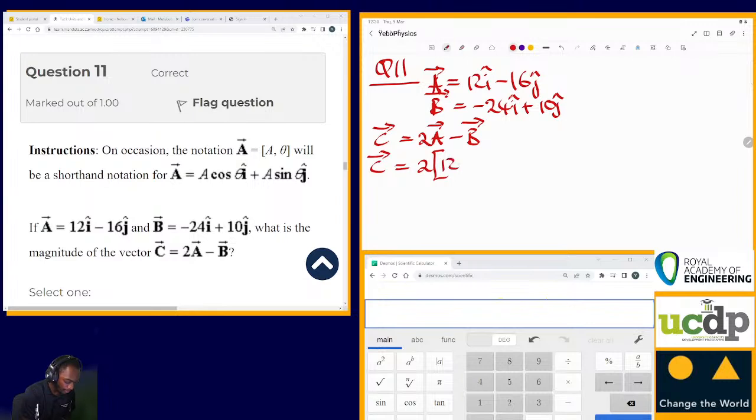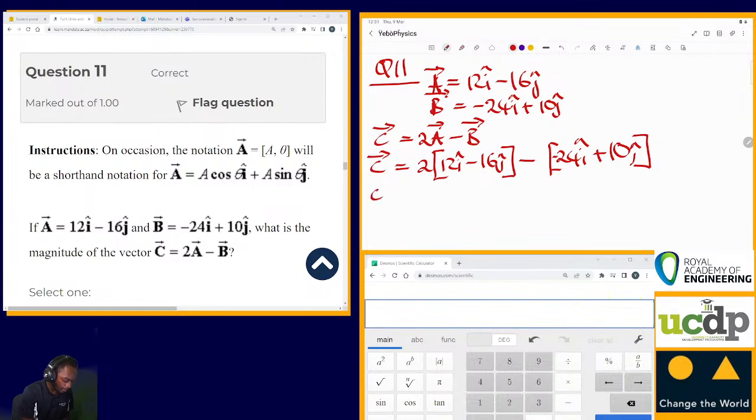So that's going to be 12i minus 16j, all times 2, minus vector B, which is going to be 24 in the i plus 10 in the j. So that's negative, right? That is negative.